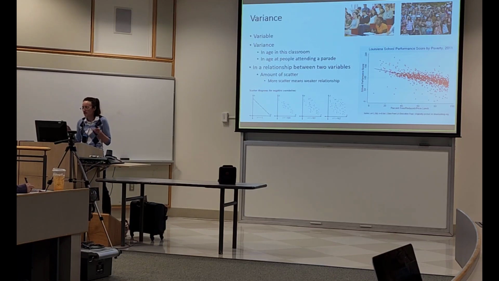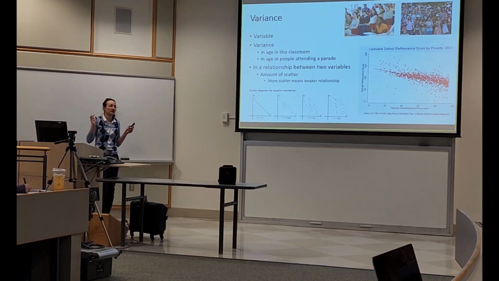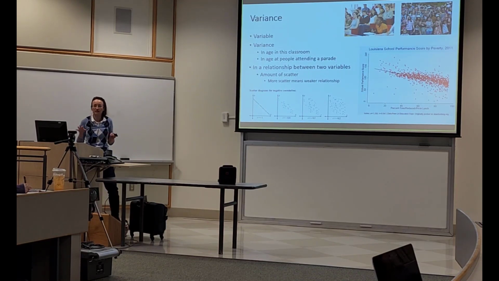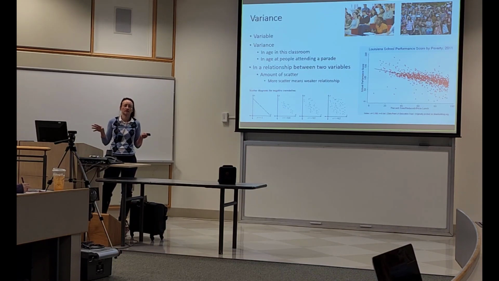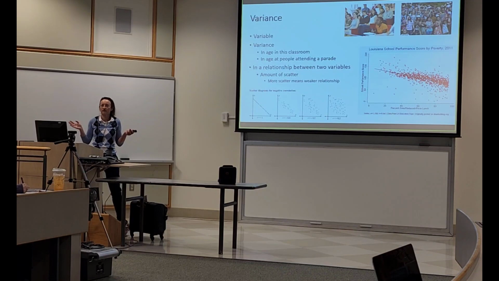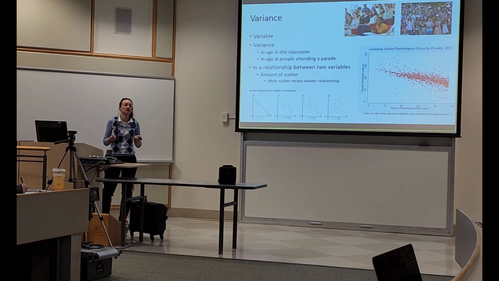So when we talk about differences between people on some traits, we're talking about a variable. A variable is something that varies. If you were all exactly the same age, age would be a variable in a different class because it doesn't vary. But you're not. It does vary.